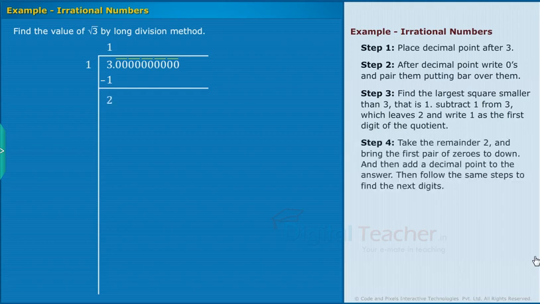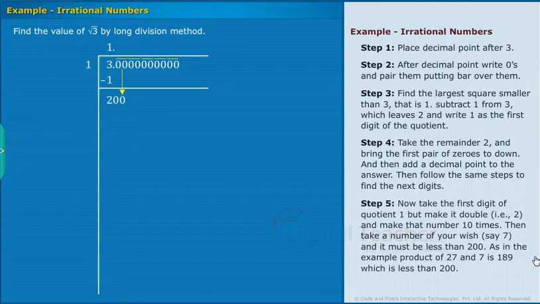Step 4. Take the remainder 2 and bring the first pair of zeros down, and then add a decimal point to the answer. Then follow the same steps to find the next digits. Step 5. Now take the first digit of quotient 1, but make it double, that is 2, and make that number 10 times. Then take a number of your wish, say 7, and it must be less than 200. As in the example, product of 27 and 7 is 189, which is less than 200.